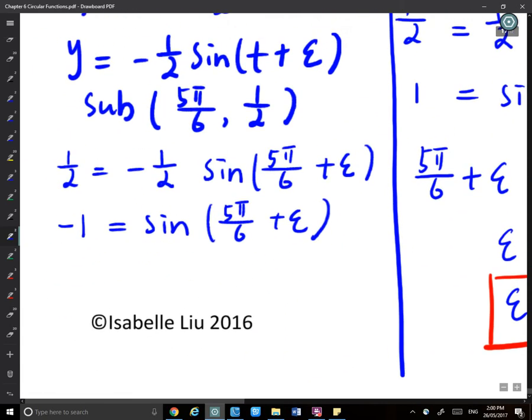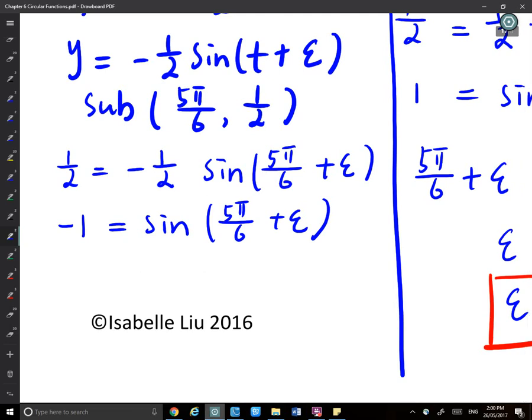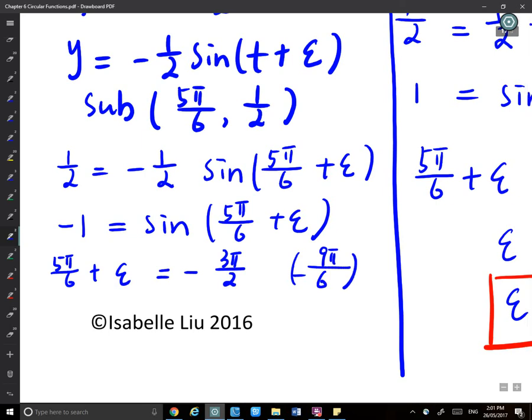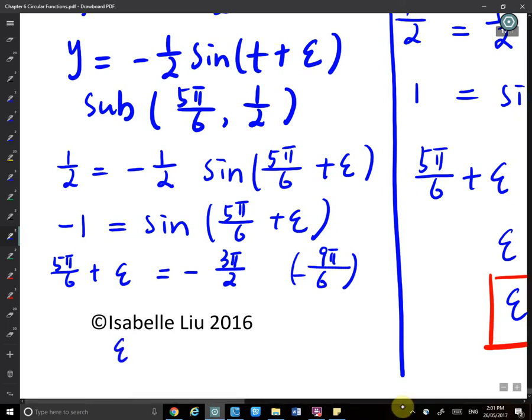So sine what is negative 1? There's 3 pi over 2. So 5 pi over 6 plus epsilon needs to be 3 pi over 2.